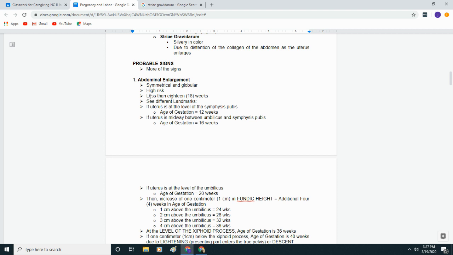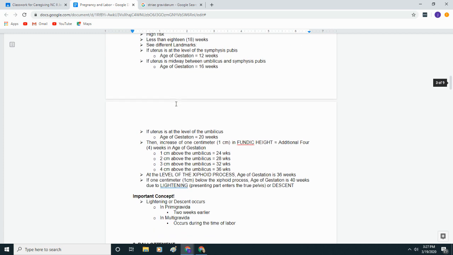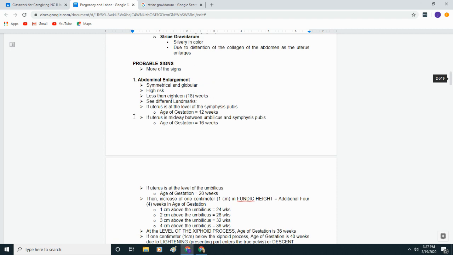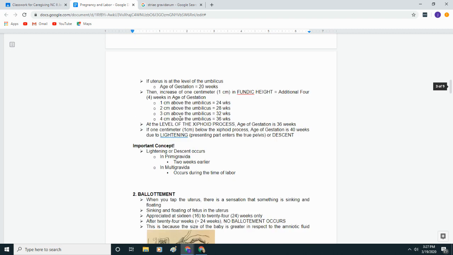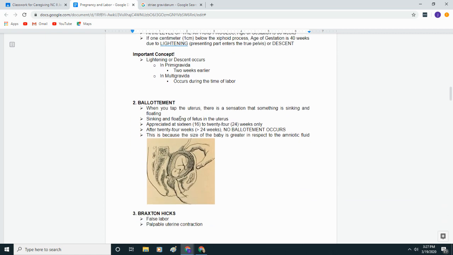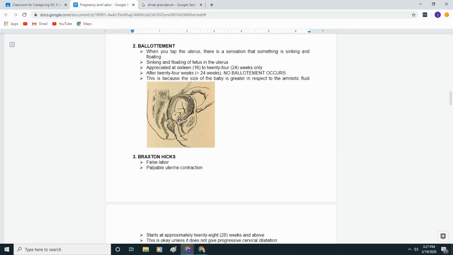Less than 18 weeks, lalabas na siya. If the uterus at the level of the symphysis pubis, age of gestation is 12 weeks. Although this is mostly done by the nurses and the midwife. But one probable sign is the abdominal enlargement. So next, ballotment.